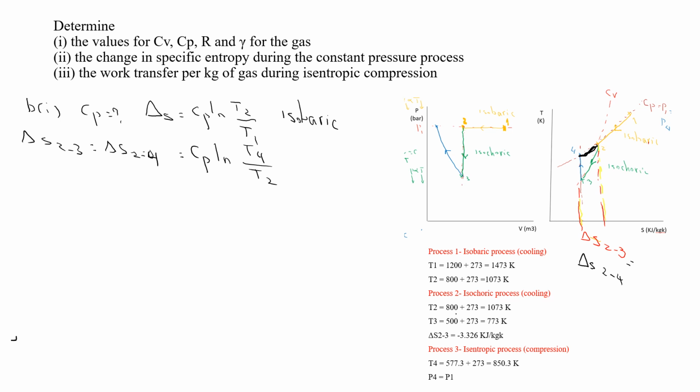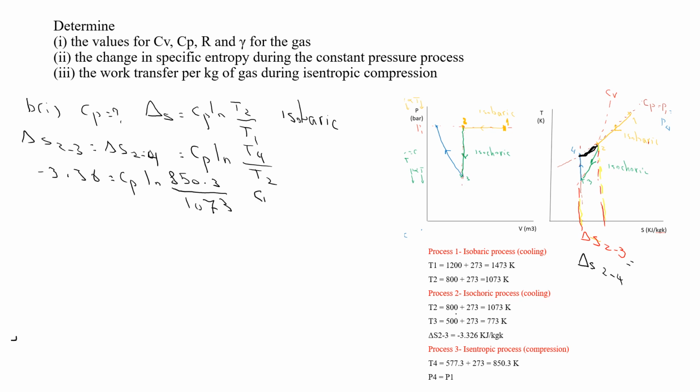So now we put the value, so we have got minus 3.36 is equal to Cp natural log of 850.3 over T2, which is 1073. So now we can get Cp.